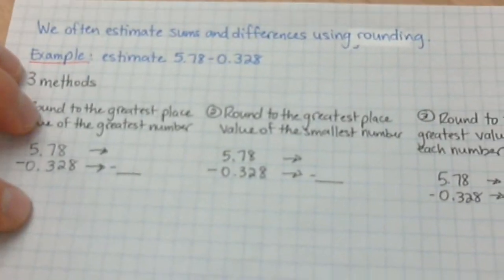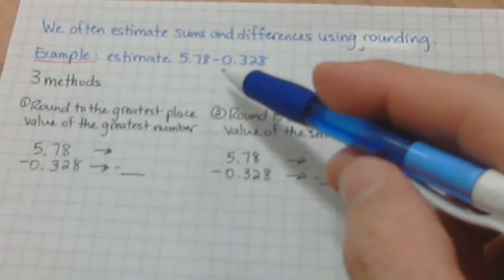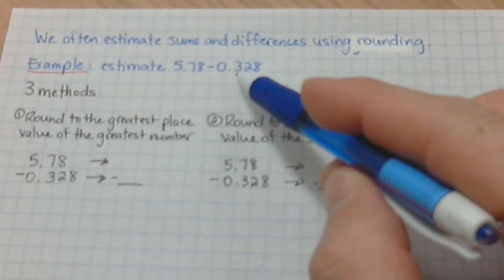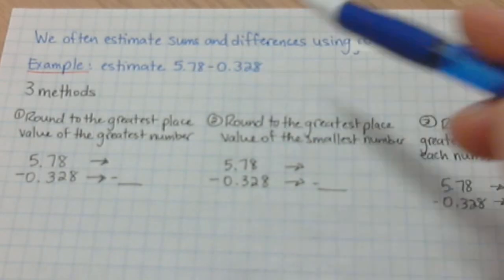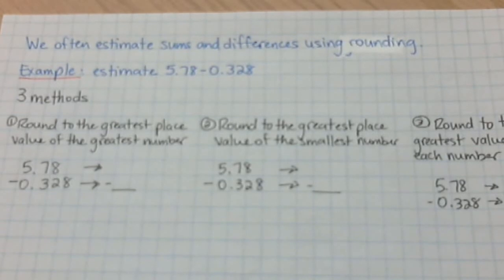So, we often estimate sums and differences using rounding. We're going to look at this question: 5.78 subtract 0.328. There are three different methods to rounding numbers, and I'm going to encourage us to use one of them, but I'm going to go through all three.